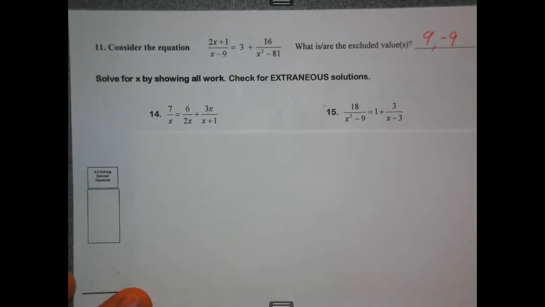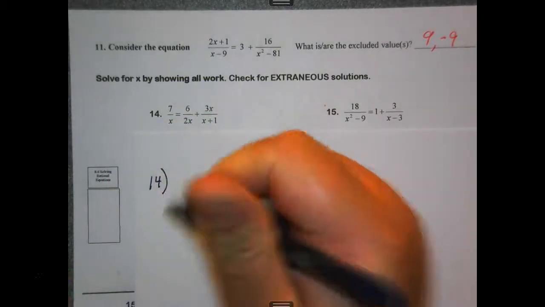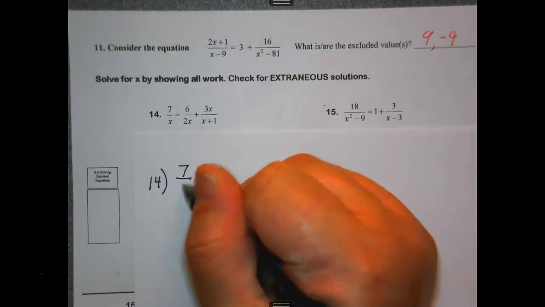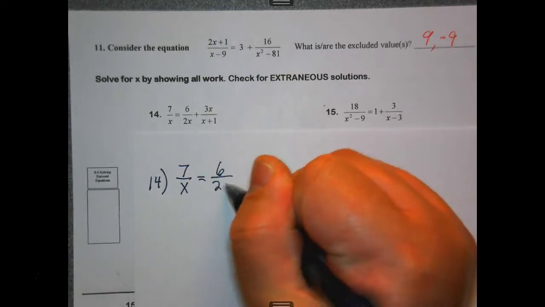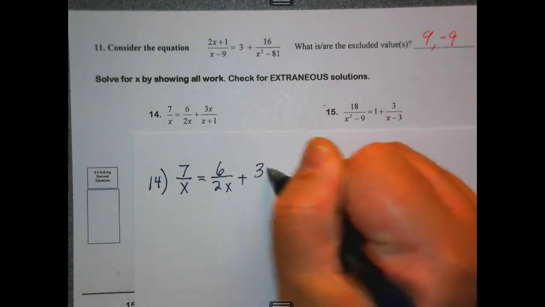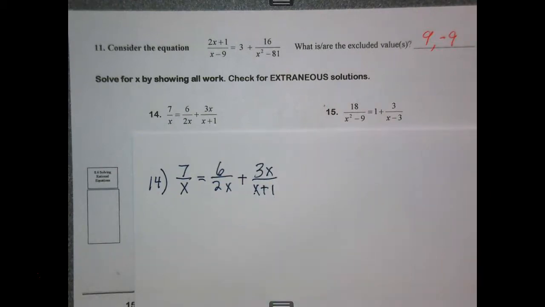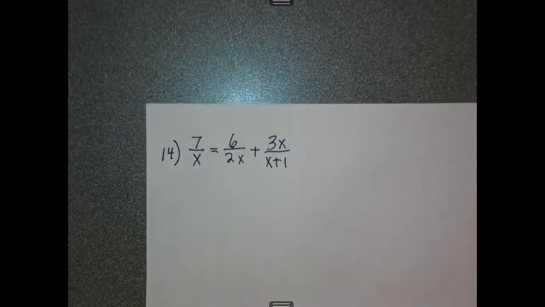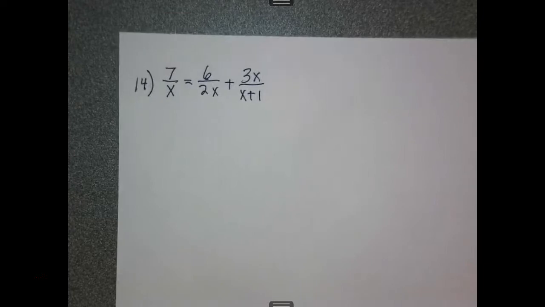We have an equation, so what do we have to do with our answer? That's right, check them. 7 over x equals 6 over 2x plus 3x over x plus 1. What's my, let's see, we have an equation, so I need a lowest common multiple, right?